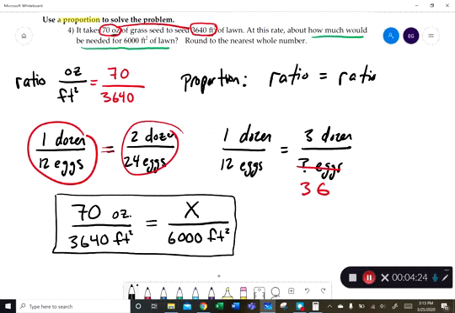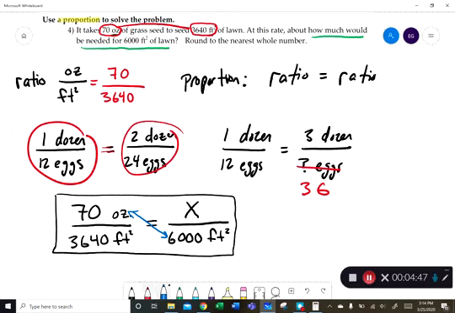So if we know 70 goes with 3,640 and X goes with 6,000, if we want to eliminate the fractions in this equation, we would have to multiply by both denominators, or what that basically amounts to is cross multiplying.